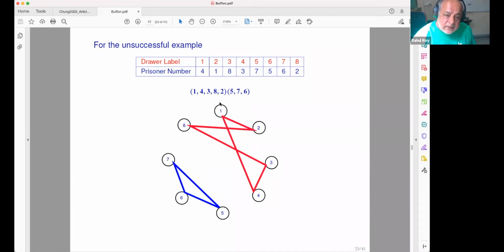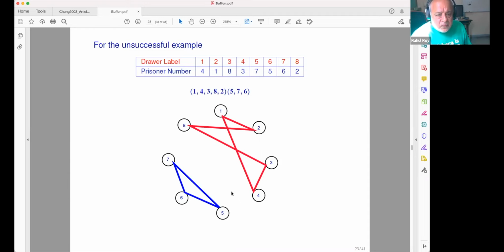So this is a cycle of length 5, and the other cycle is of length 3. And again, we can draw the graph, which is 1 goes to 4 to 3 to 8 to 2, and then goes back to 1. And similarly, for the other one, 5 goes to 7 to 6, and then goes back to 5. So this is for the unsuccessful example.